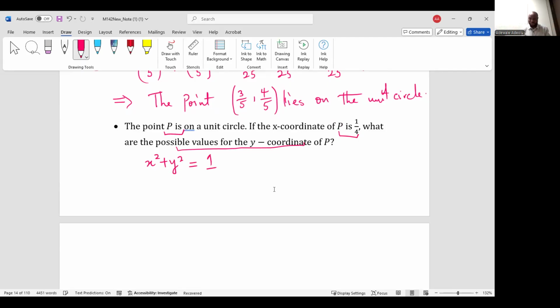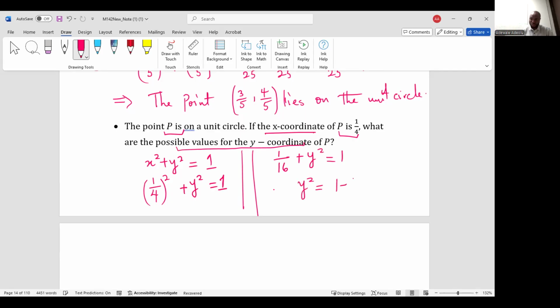And we do know that the x component is 1/4. So if I square that and add it to y squared, it must give me 1. So I have 1/16 plus y squared equals 1. So y squared equals 1 minus 1/16, and that is 15/16.